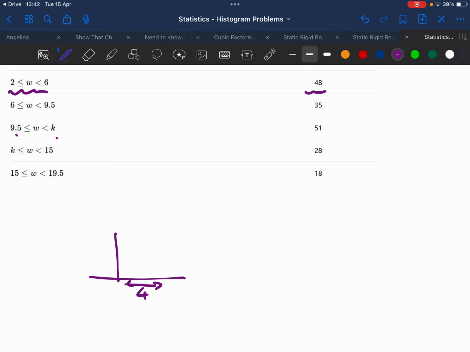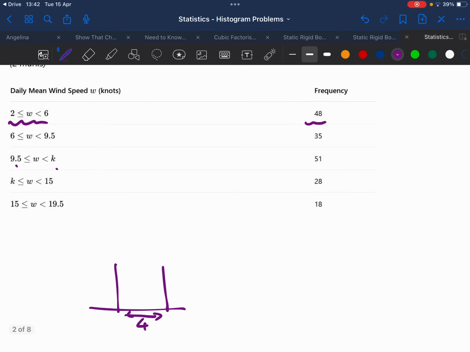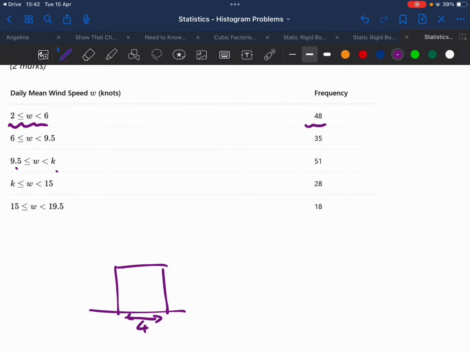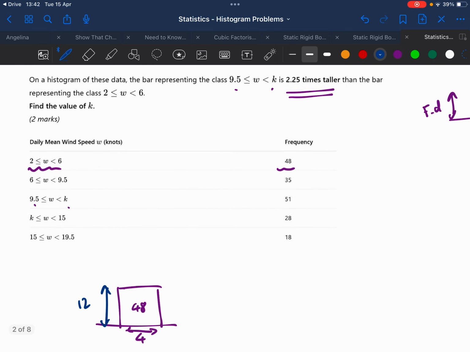So if I have a bar that's 4 wide with a frequency of 48, the first thing I've worked out is that the height of this one is 12.